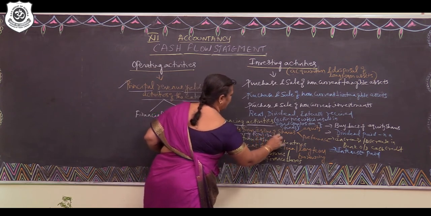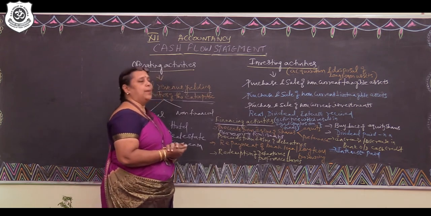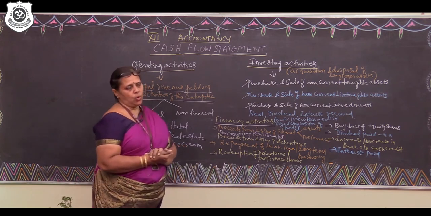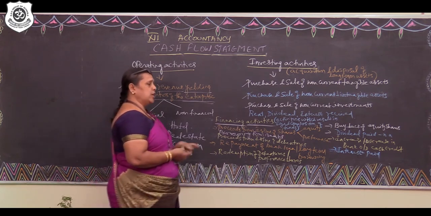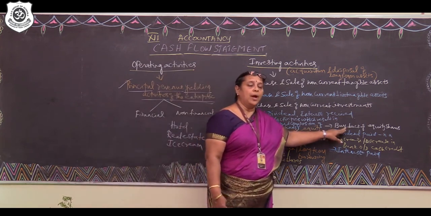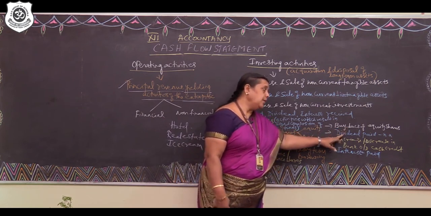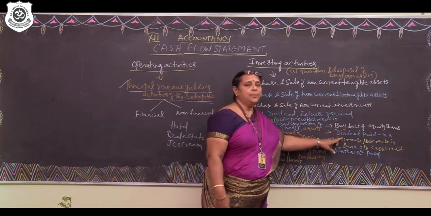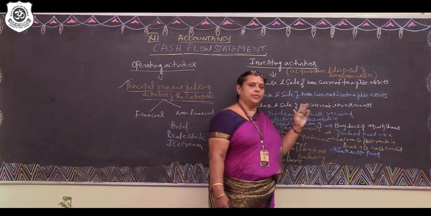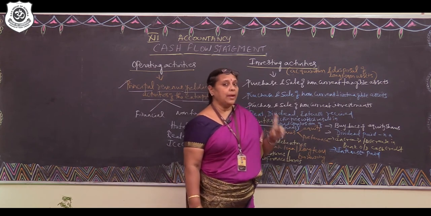Borrowings from banks, then proceeds from issue of debentures, repayment of bank loan or long-term borrowing, then redemption, that is repayment of debentures or preference shares, then buyback of equity shares. This is all after the amendment of the Companies Act. Buyback of equity shares, then dividend paid. Please remember, dividend paid will always be a financing activity for any type of enterprise, whether it is a financial enterprise or a non-financial enterprise. When will the company pay dividend?